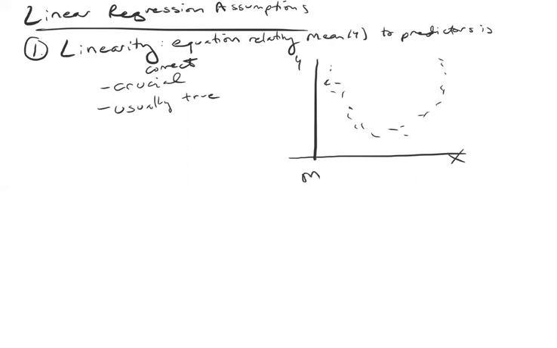And suppose that I choose to write down this equation, the mean of y given x equals beta 0 plus beta 1 x plus beta 2 x squared, okay? And so what this says is the mean of y given x should be modeled with this parabola. That's the equation for a parabola. My question for you is, does the linearity assumption hold if this is my model for the mean?